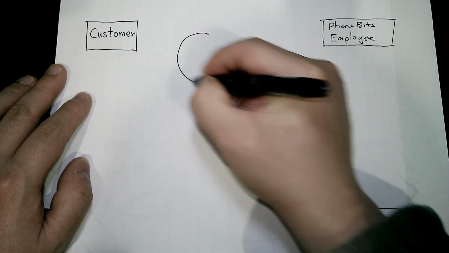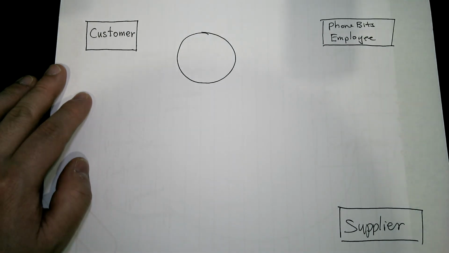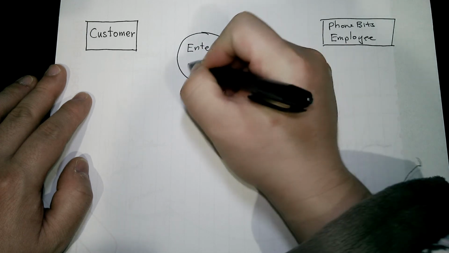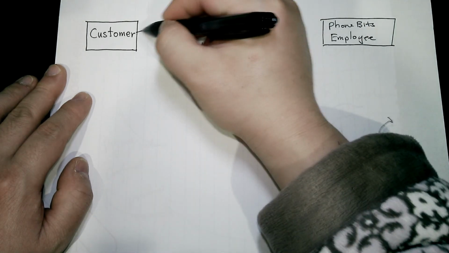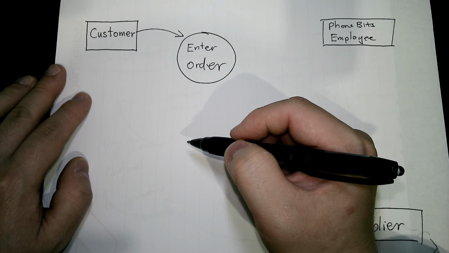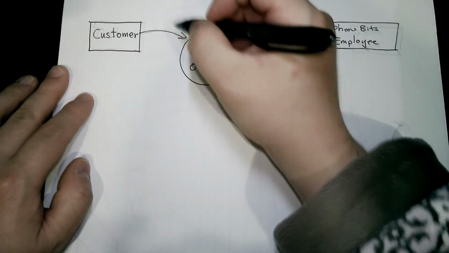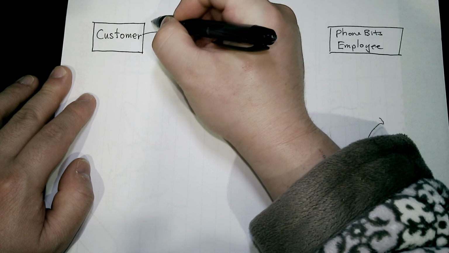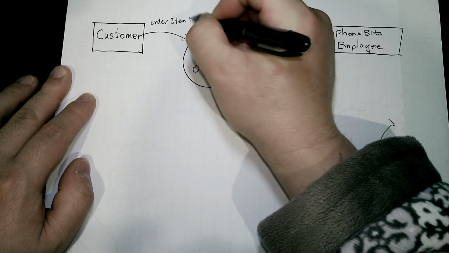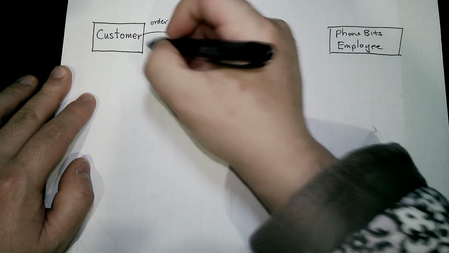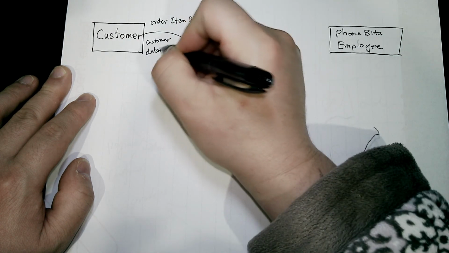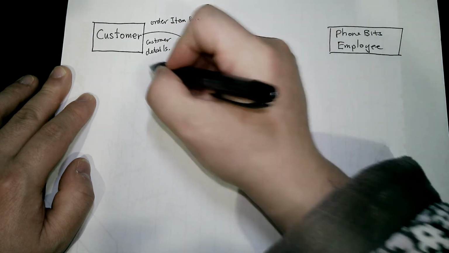So the first process is enter order details. What's going in there? Order item details, customer details, and payment.